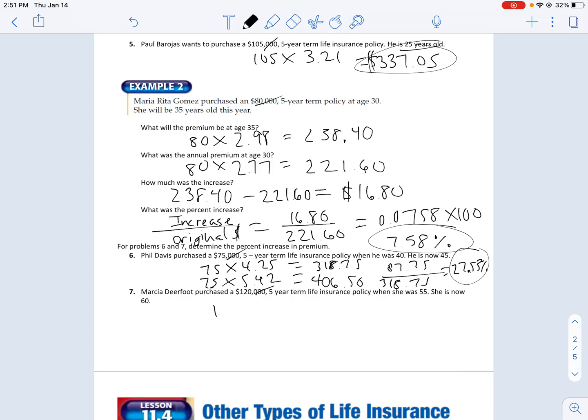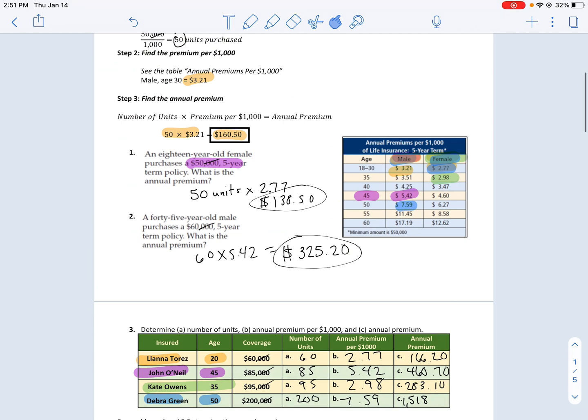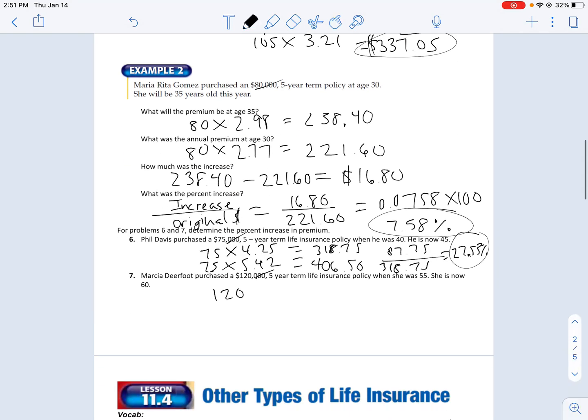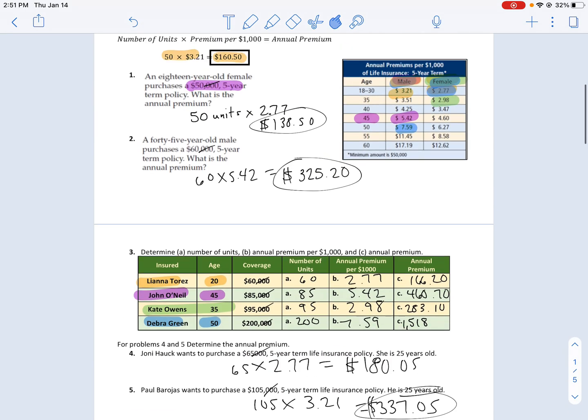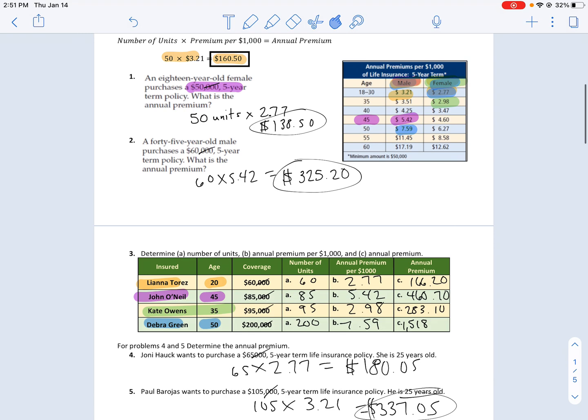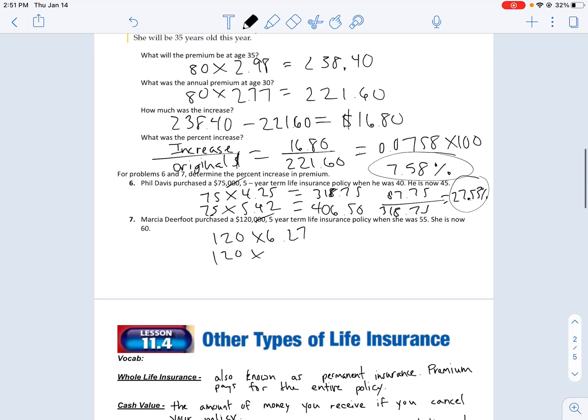All right, she's got 120 units, 55 and 60. So 858 and 1262. Same process, 120 times 858. 120 times 1262.